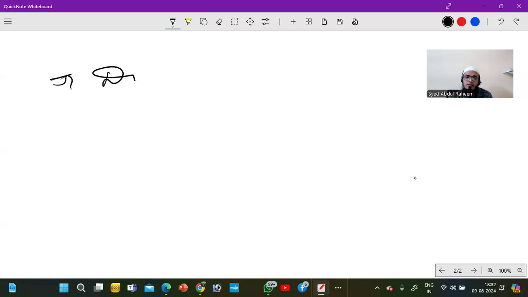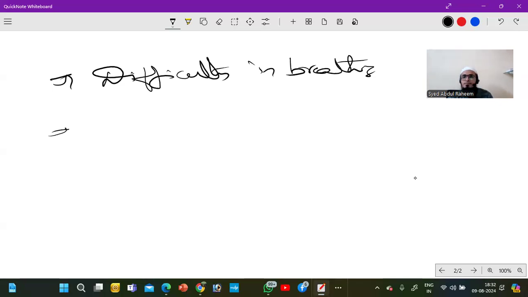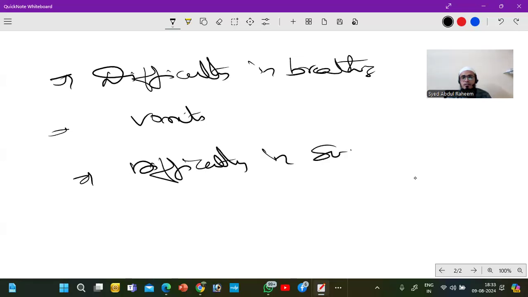Difficulty in breathing, or sometimes vomiting, or difficulty while sucking the milk.